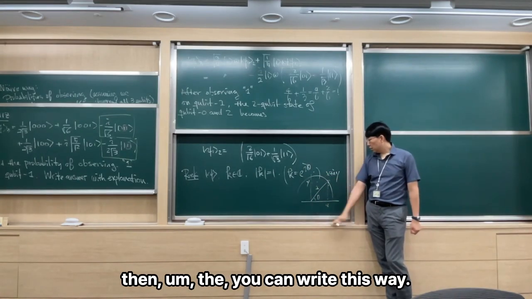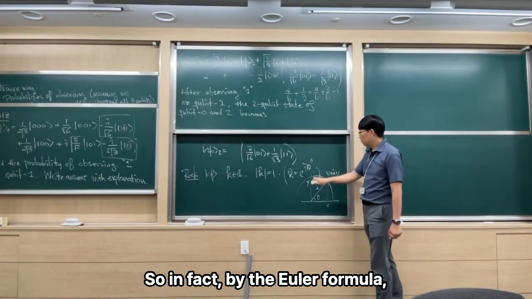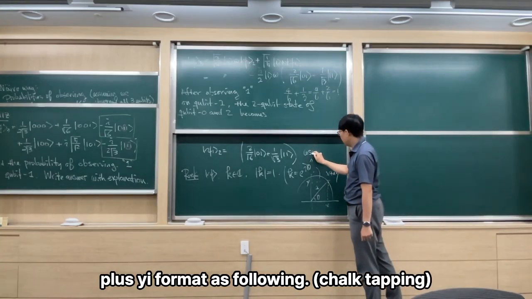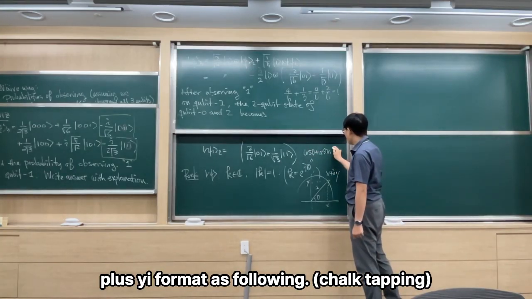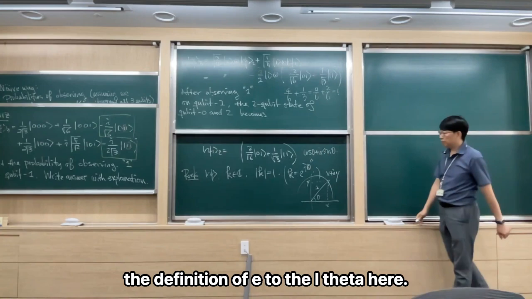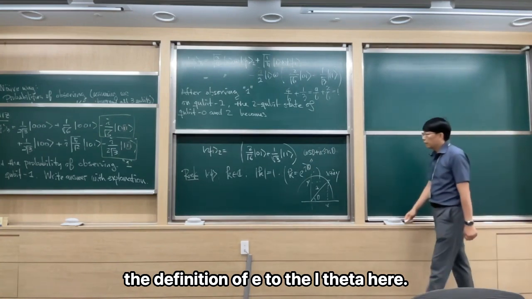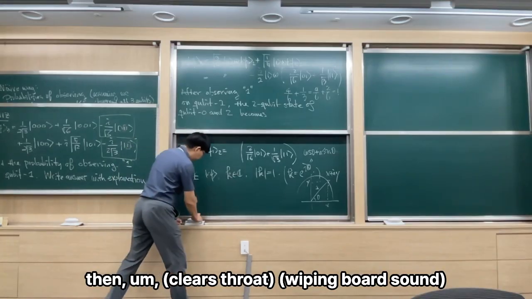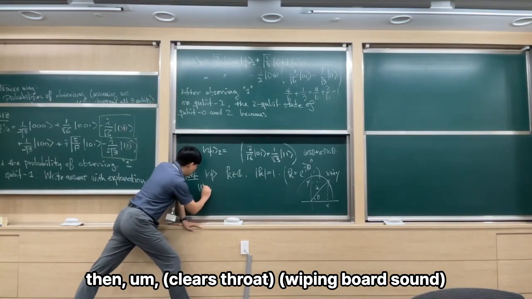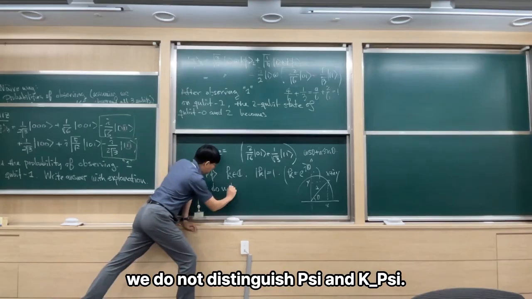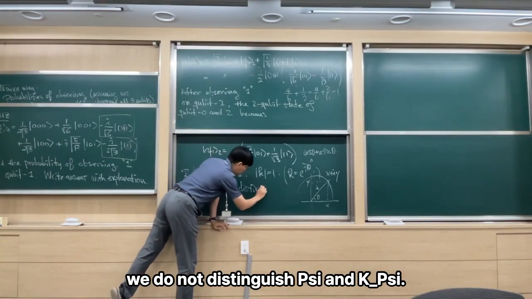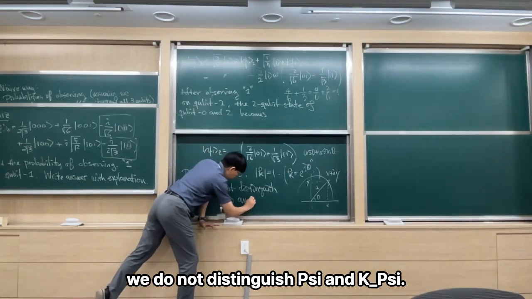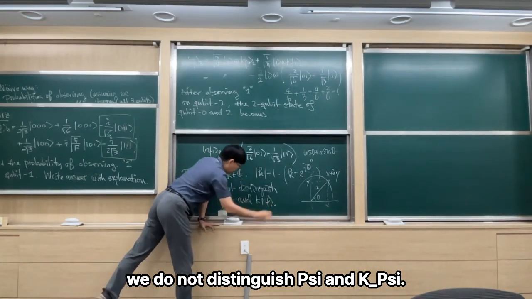In fact, by the Euler formula, you can write it in the x plus yi format as follows. This is actually the definition of e to the i theta. So anyway, when you have this, we do not distinguish psi and k psi.